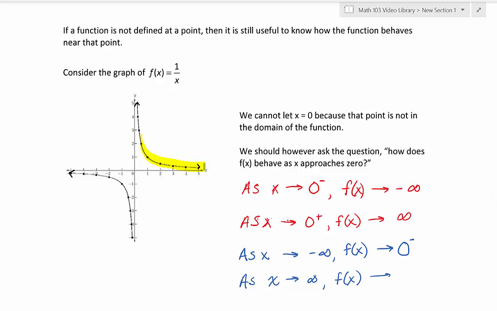Notice that our graph is getting closer and closer to the x-axis. Just like with the other side, our graph is never going to cross the x-axis. This time, as x approaches positive infinity, f(x) approaches 0 from the positive side.